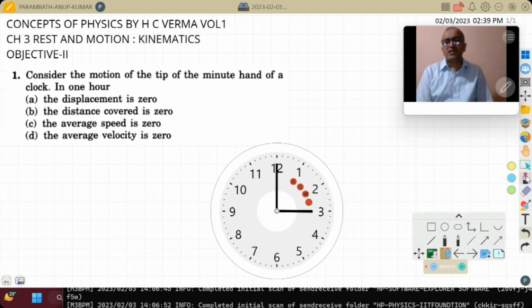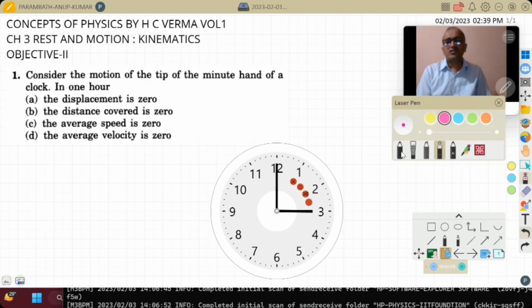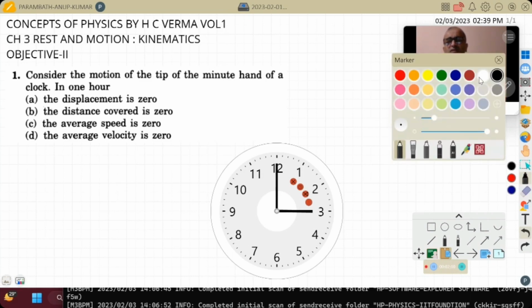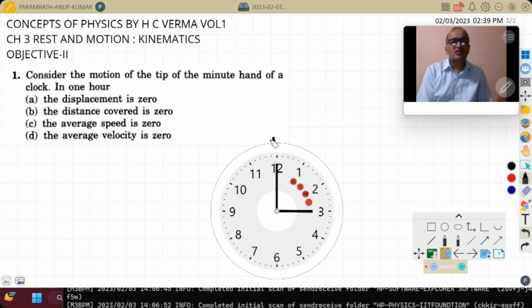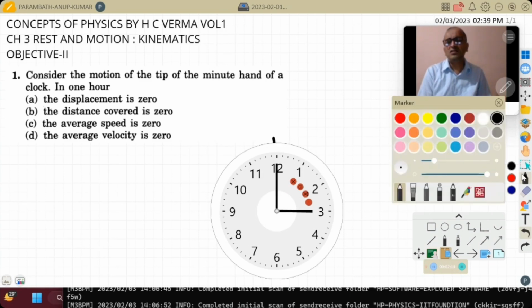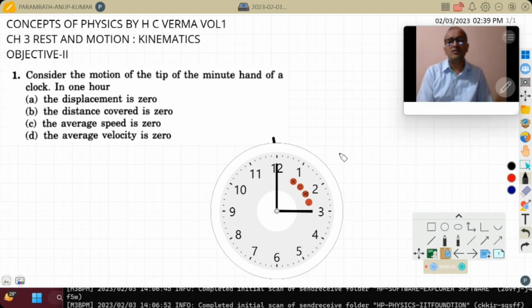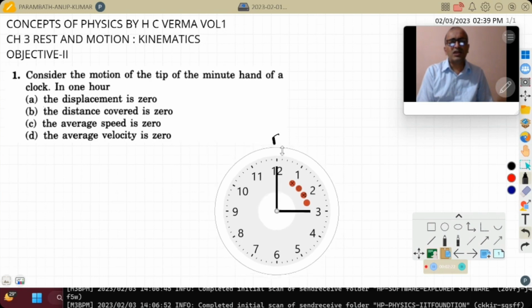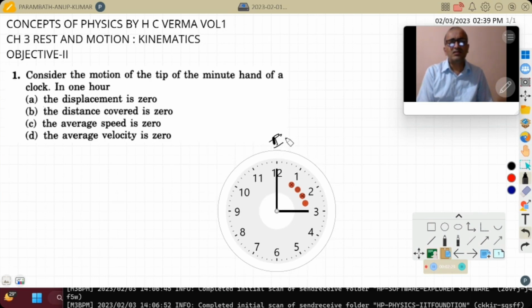I'll mark this 12 o'clock point as the initial point, IP. And then the final point after 1 hour will also be here.